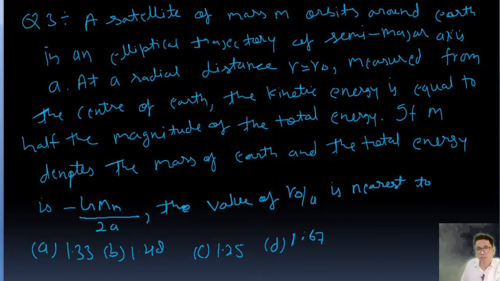Very good question. I will explain the question first, and after that I'll solve it. A satellite of mass m orbits around the earth in an elliptical trajectory with semi-major axis A, at a radial distance r equal to r naught measured from the center of the earth.